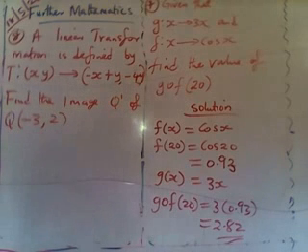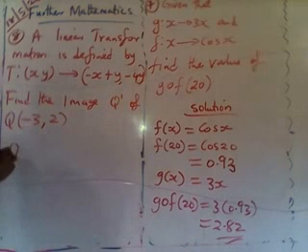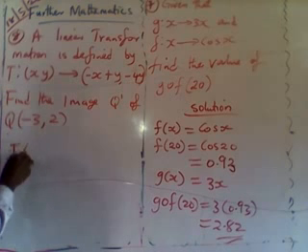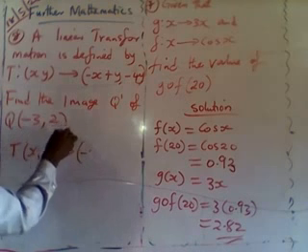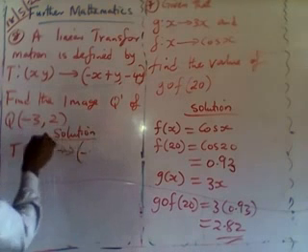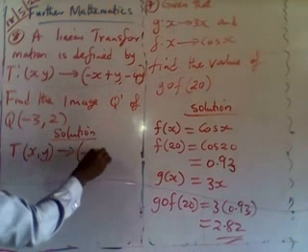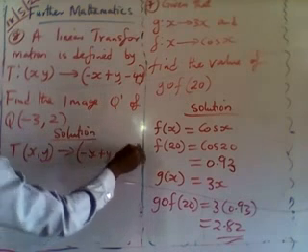So what this means is that T of (x, y) has been given to be (−x + y, −4y).